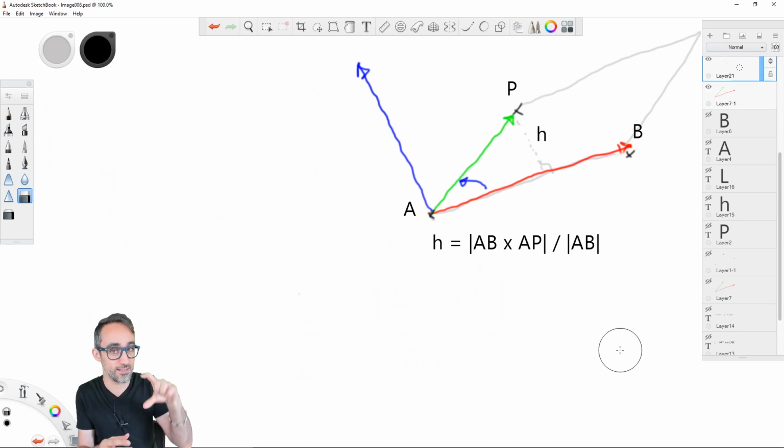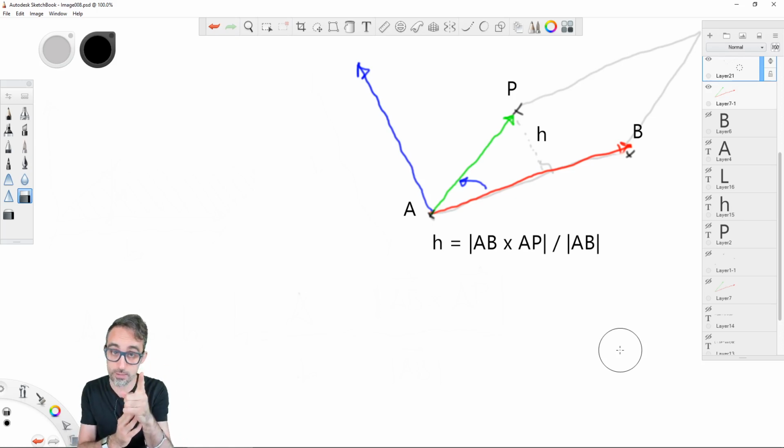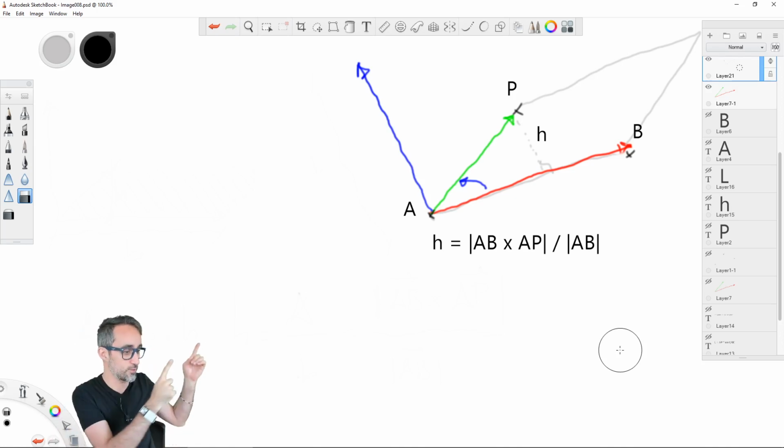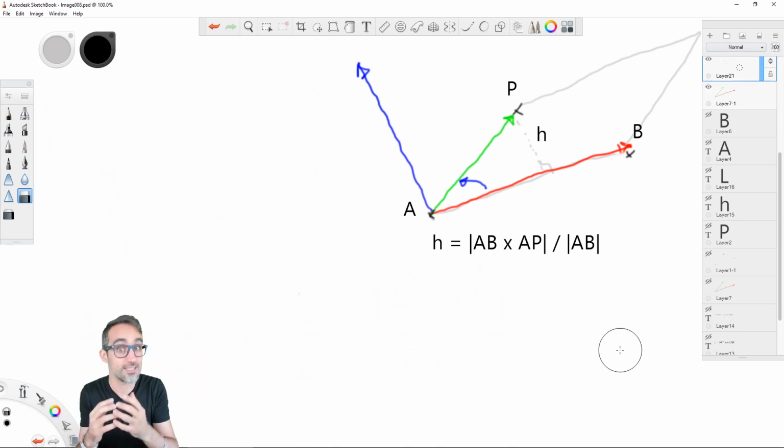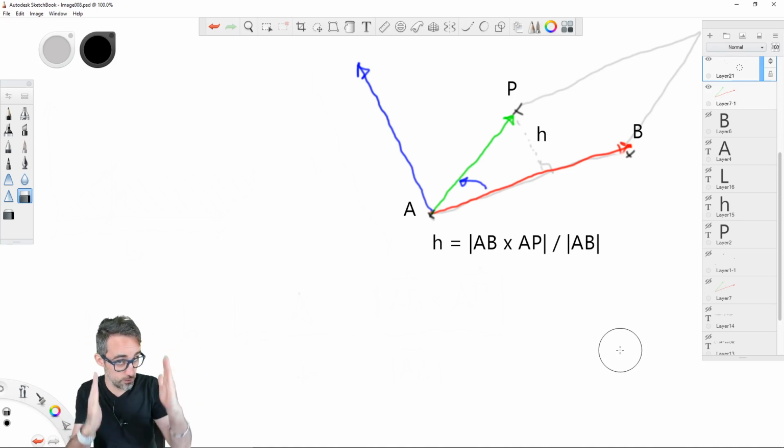As you can see now, finding the value of H, that distance, is just as easy as computing the cross product of vectors AB and AP, and remember that the order is important in this one, computing the length of that resulting vector, those are the two vertical bars that you can see there, and then dividing the value of that length, which is the area of the parallelogram, by the length of the base of that parallelogram, which is just the length of the vector AB, which is what we're representing with those two vertical bars. All right, so how easy is this then?